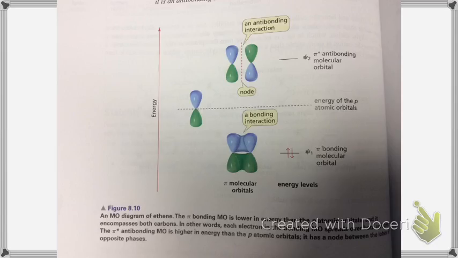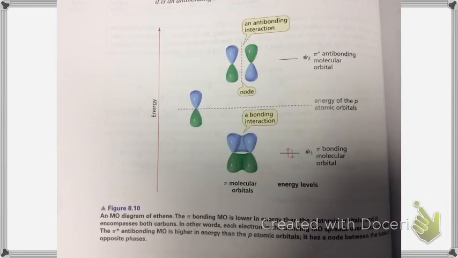This picture is taken from your textbook, figure 8.10, that shows the molecular orbitals of ethene. As you can see, the bottom is the pi bonding orbital, where the lobes can overlap, while on the top, that's the pi2 star anti-bonding molecular orbital, there is a node between those lobes, so they cannot overlap.